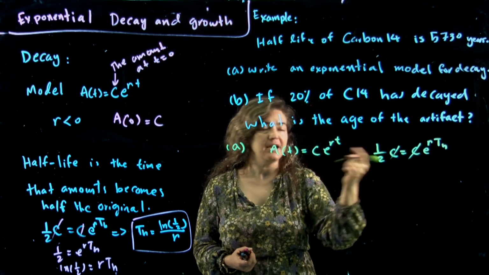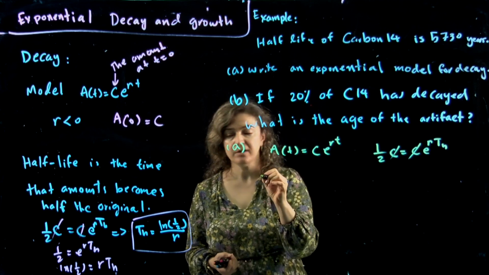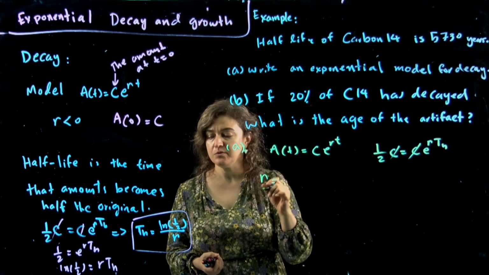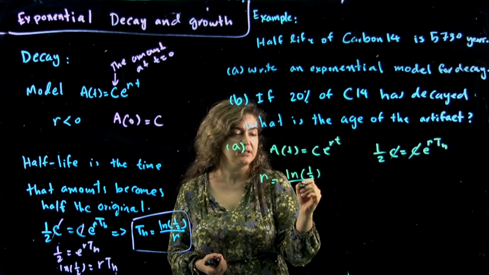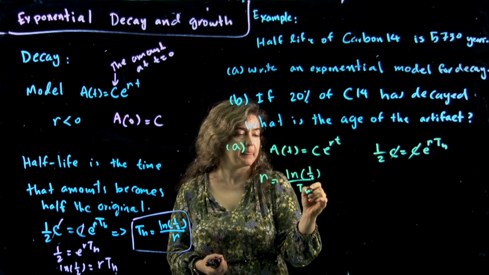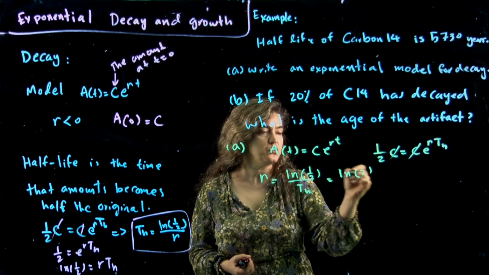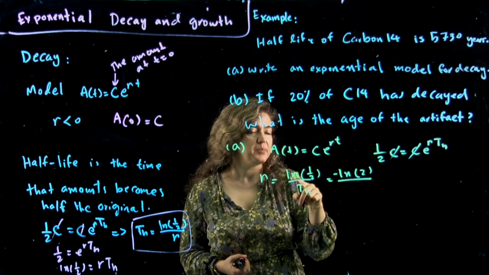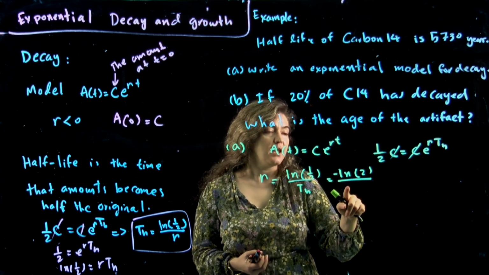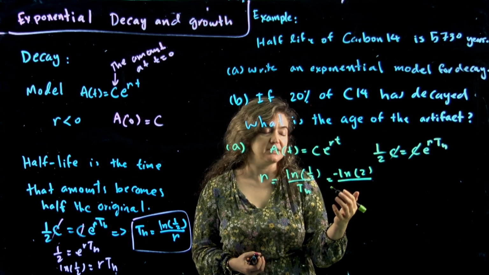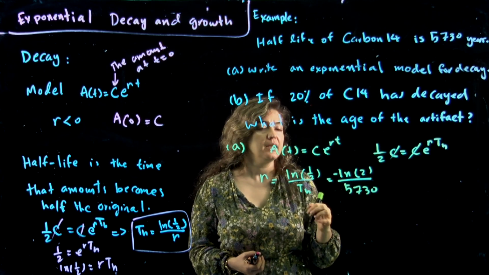Now, if I simplify, do the same thing that I did over there, and this time solve for r, I'm going to get r is equal to natural log of 1/2 divided by half-life. That is negative natural log of 2, because natural log of 1/2 is natural log of 1 minus natural log of 2, according to the properties, divided by 5,730.